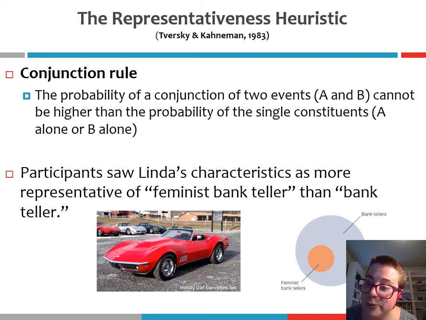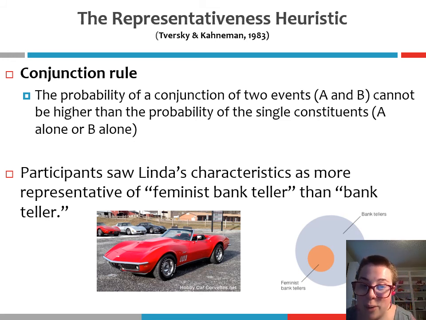So if we think about the probability of something occurring in the population, it makes sense to think about something called the conjunction rule. And the conjunction rule simply states that the probability of two events occurring together cannot exceed the probability of any of those events occurring by themselves, right?